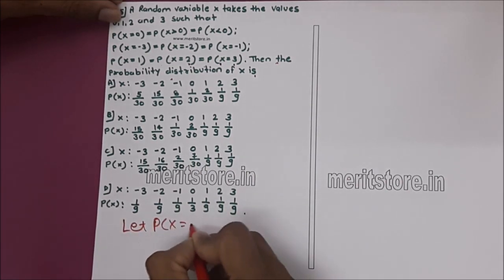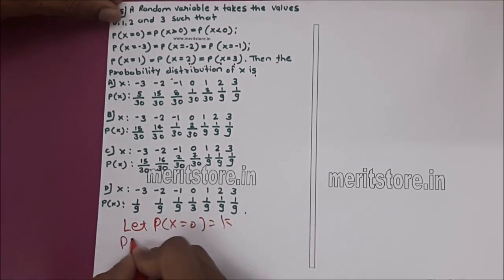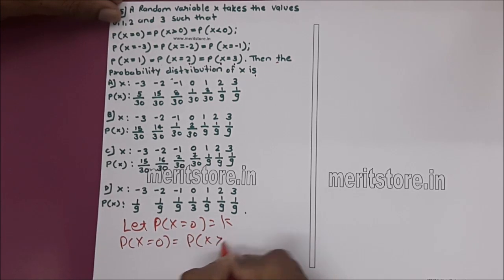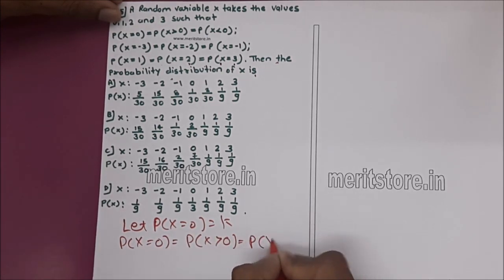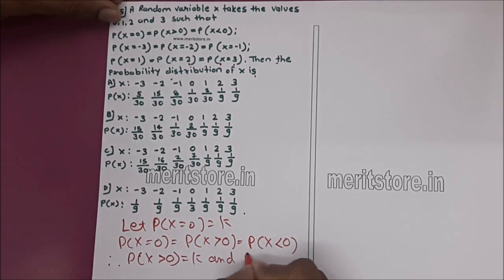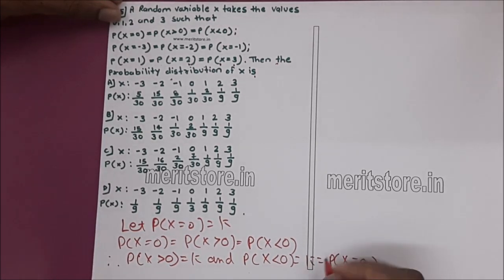So we let P(X = 0) be k, given that P(X = 0) = P(X > 0) = P(X < 0). Therefore P(X > 0) = k and P(X < 0) = k, which is P(X = 0).